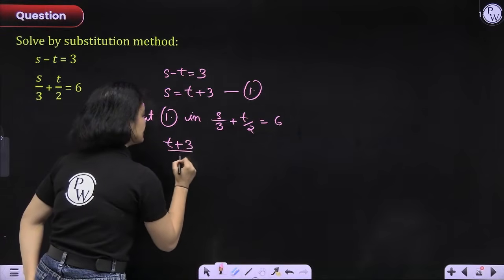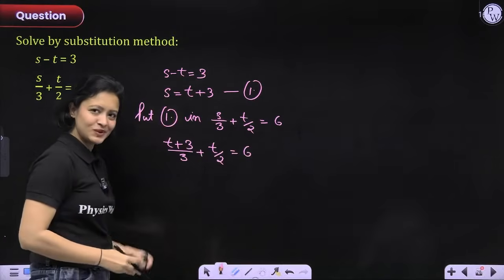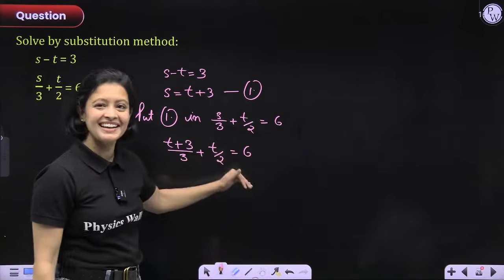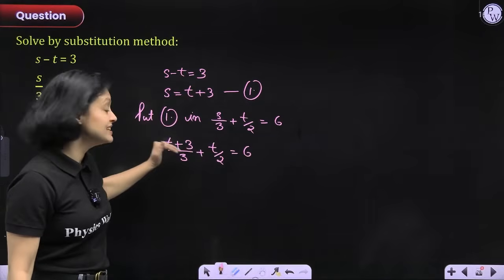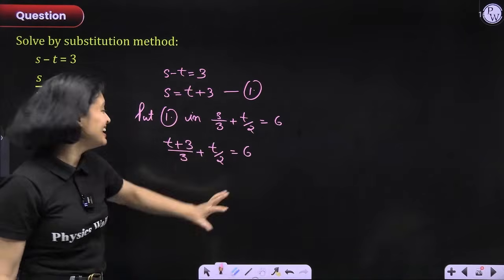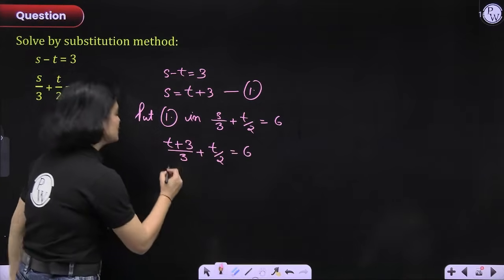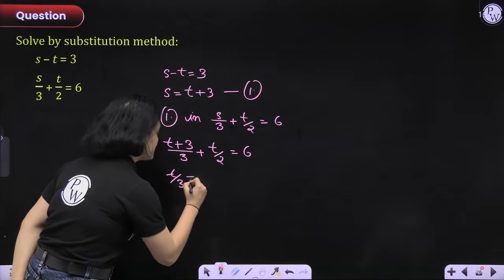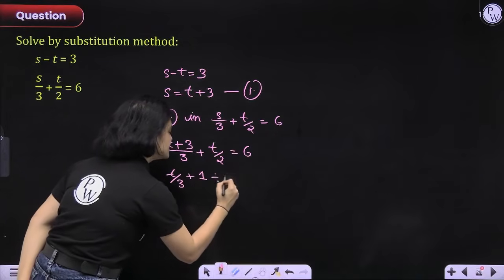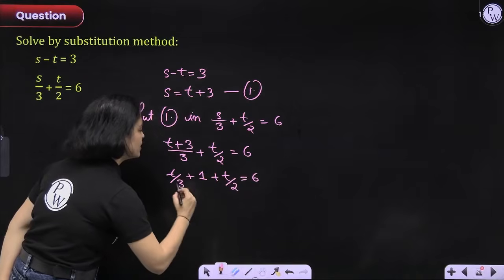So, (t plus 3) over 3 plus t by 2 is equal to 6. Did you understand what we did here? We converted this linear equation in two variables into a linear equation in one variable. Now this entire thing is in terms of t, and we know how to solve it. So let's solve it, everyone. t by 3 plus 3 by 3, which is 1, plus t by 2 is equal to 6. t by 3 plus t by 2, you can solve it.